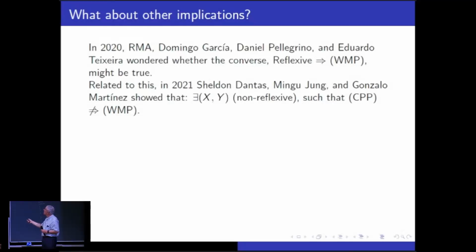In 2021, Sheldon Dantas, Mingu Jung from Korea and Gonzalo Martinez from, I think, Granada, showed that for some non-reflexive Banach space pair, CPP does not imply the weak maximizing property. So even what we wanted is by no means true.